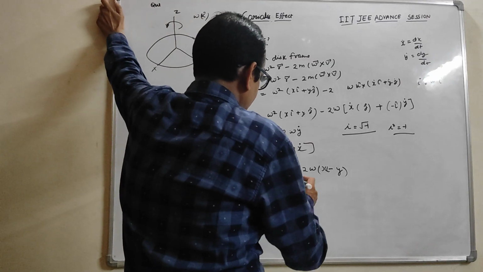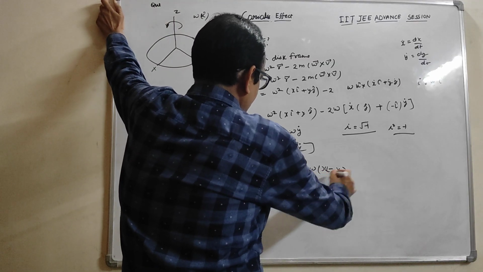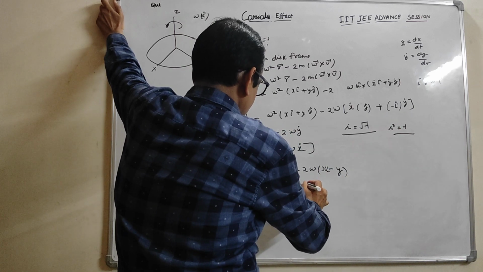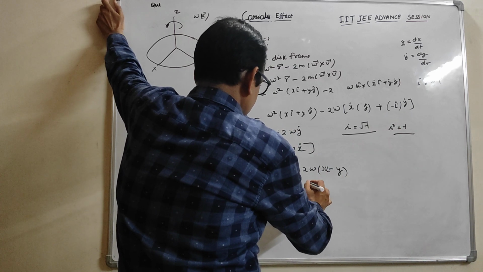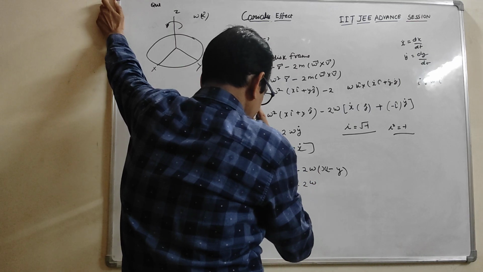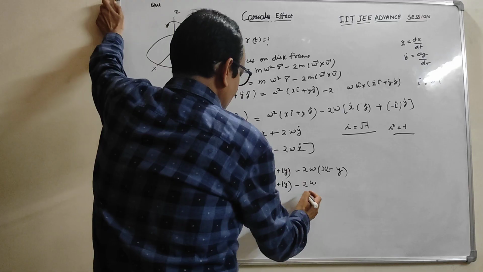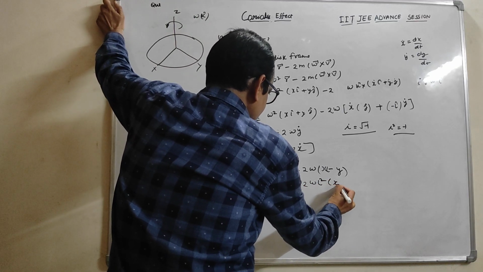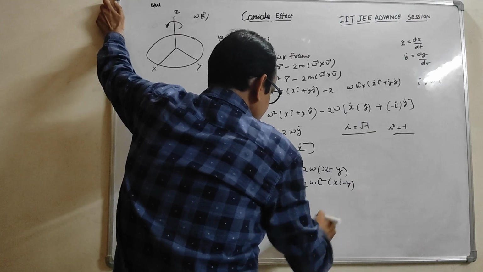For making this term i square, i is multiplied here inside. So this becomes 2 omega, i square is equal to minus 1. So this becomes i square xi minus y.